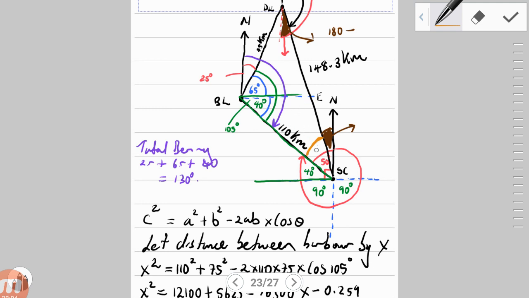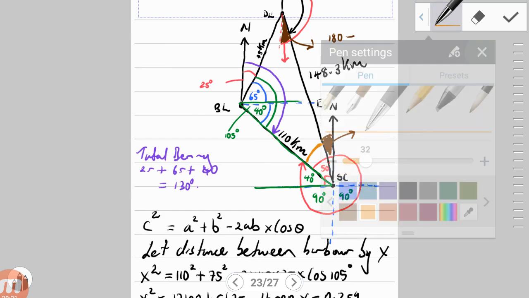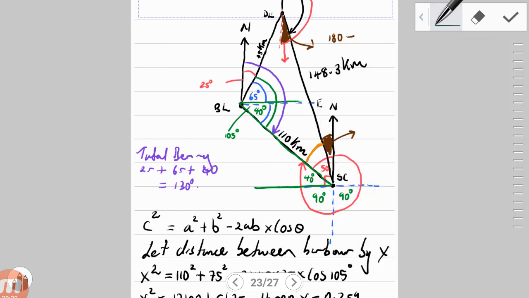We can easily find that angle by using the sine rule, because this is the angle we're in search of. This side is known to us, and we already have the 148.3 and the angle that is in front of it. So we could definitely use the sine rule here. Before we write down the formula, let's label our sides.